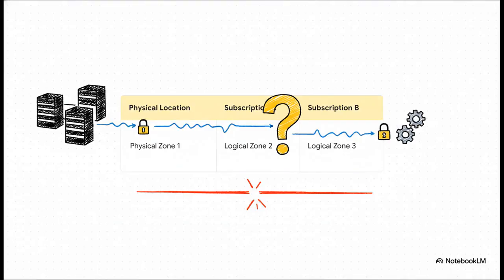And this slide shows you exactly what I mean. Behind the scenes, Azure maps the real physical zones to these logical zone numbers on a per-subscription basis. So the actual data center that subscription A calls logical zone 2 might be what subscription B calls logical zone 3. So why does this matter? Well, if you're building a complex solution that spans across multiple subscriptions, you absolutely cannot assume that deploying to Zone 1 in both of them will put your resources in the same physical place.